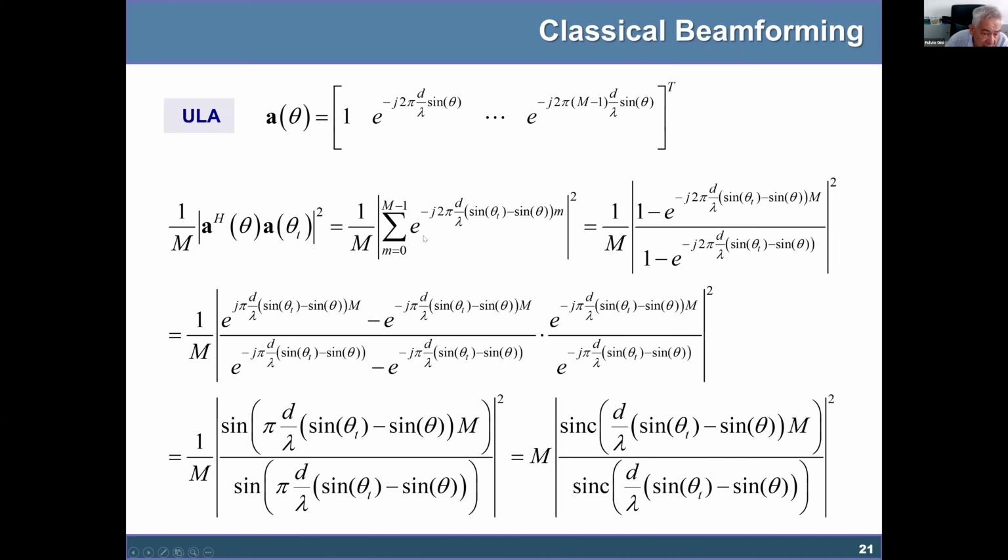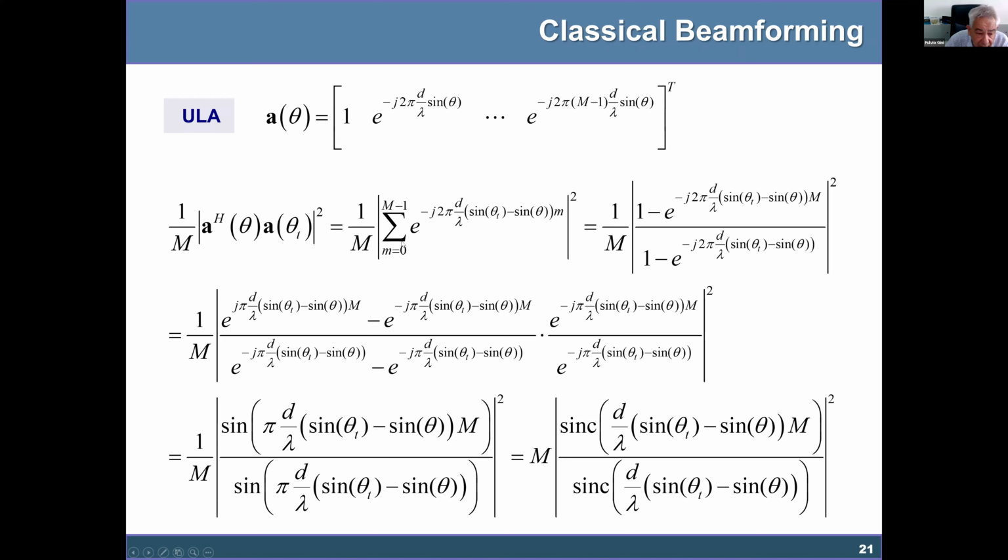The inner product gives a scalar, and the scalar is the first term of this vector multiplied by the first term of the second vector plus the product of the second terms and so on. So you have the summation for m that goes from 0 to M minus 1 of the product of the two terms, but they have the same structure. So this is what you get.